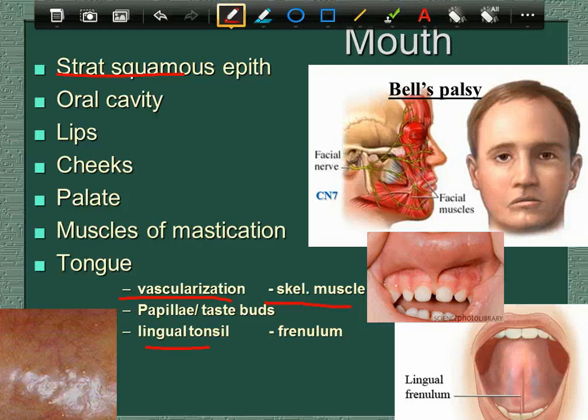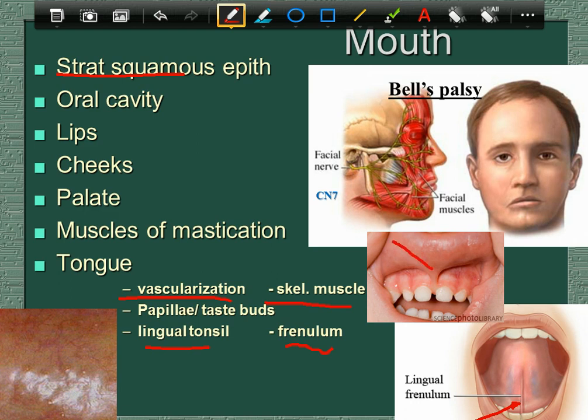You've got a lingual tonsil. We've talked about tonsils already in respiratory. You've got one at the back of the tongue. And you've got an interesting, actually you find these in a lot of things, a little connective tissue that kind of holds one thing to another thing. It's called a frenulum. They're in different places around the body. Here's one frenulum. It holds your tongue down so you can't turn your tongue back to the back of the mouth.